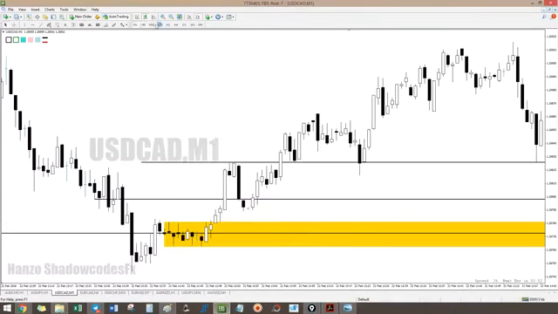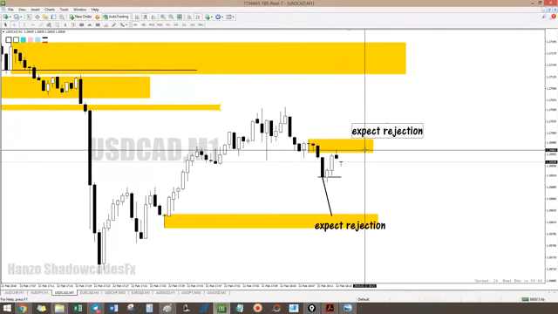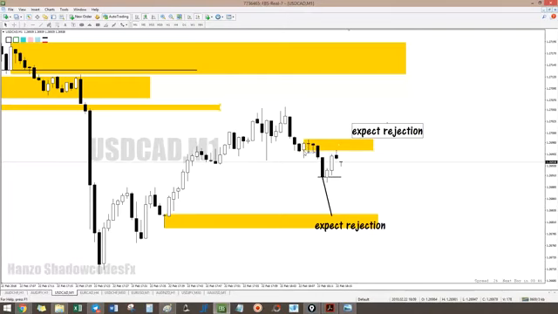So let's see the M1 that we drew. So it does a rejection. Oh no, this one. So when you get a rejection, we just instant sell here. Wait a moment.